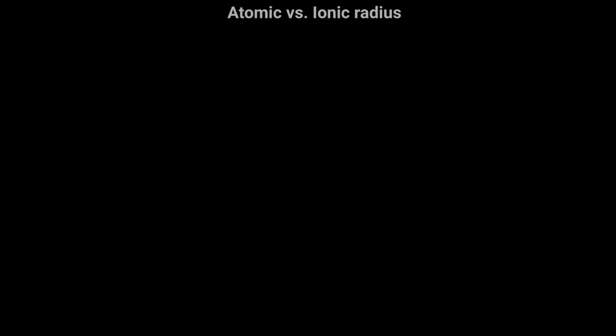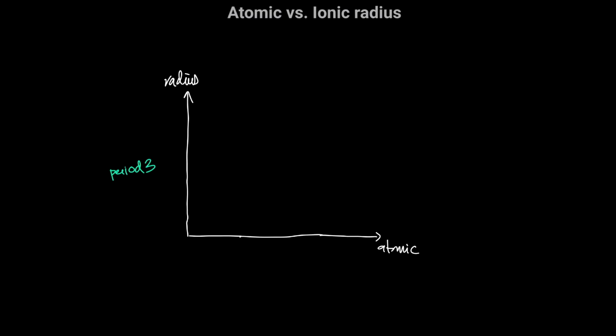So now if we summarize the trends that we've seen for atomic and ionic radii, let's look at period 3, for example. We have the radius on the y-axis and atomic number on the x-axis.